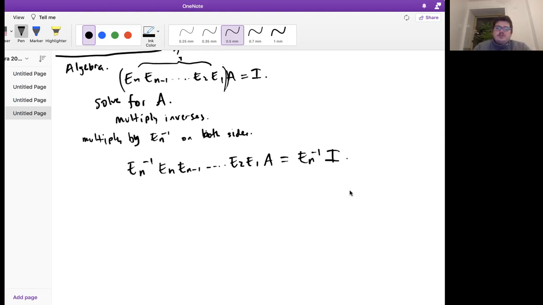Okay, so let's look at our cancellation. What is En inverse times En? So one, or identity, we call one identity in matrix world, right? So what's left over is En minus 1, E2, E1A.